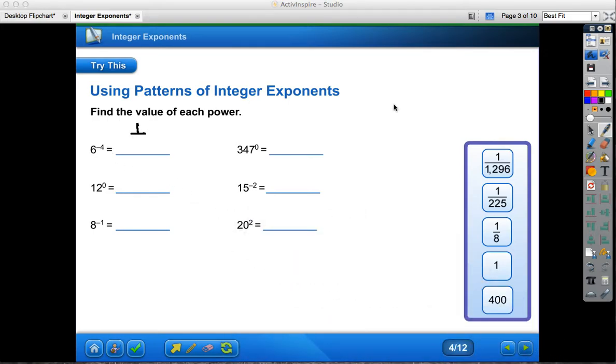So remember, when we do this, we get 1 over 6 to the, and we keep the 4, but now we make it positive, which then changes to 1 over 1,296.